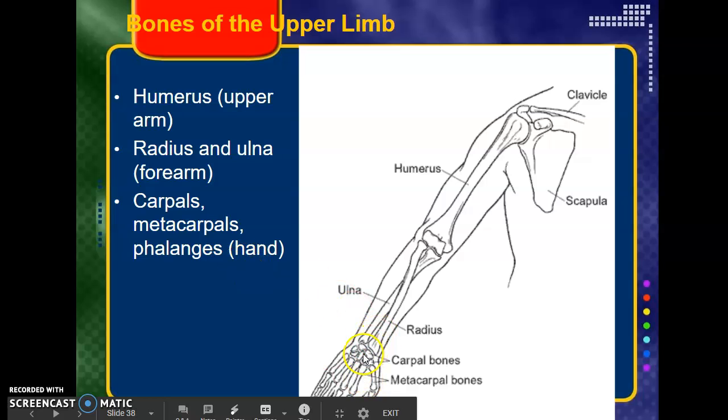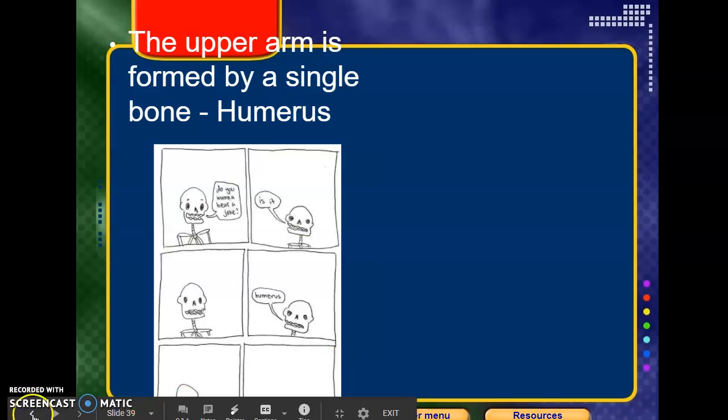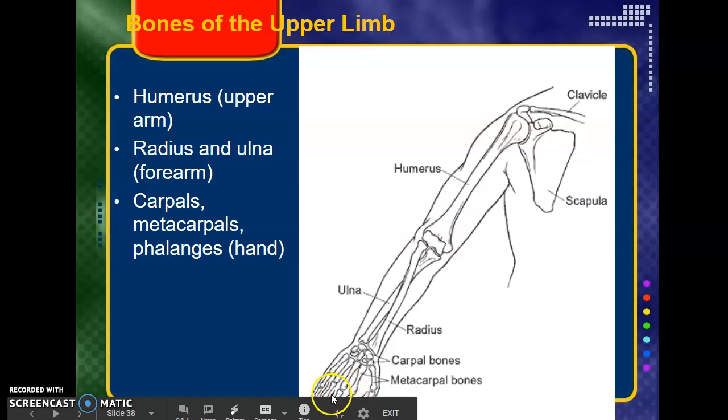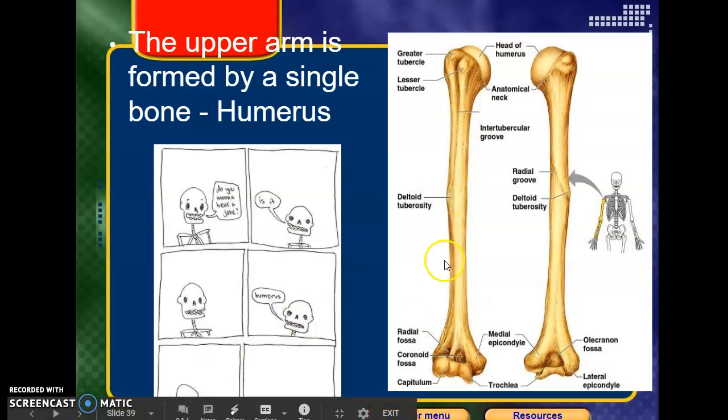And then you have the carpus, the bones of your wrist. The metacarpals, the bones of your hand, and the phalanges, the bones of your fingers. So here's the humerus.